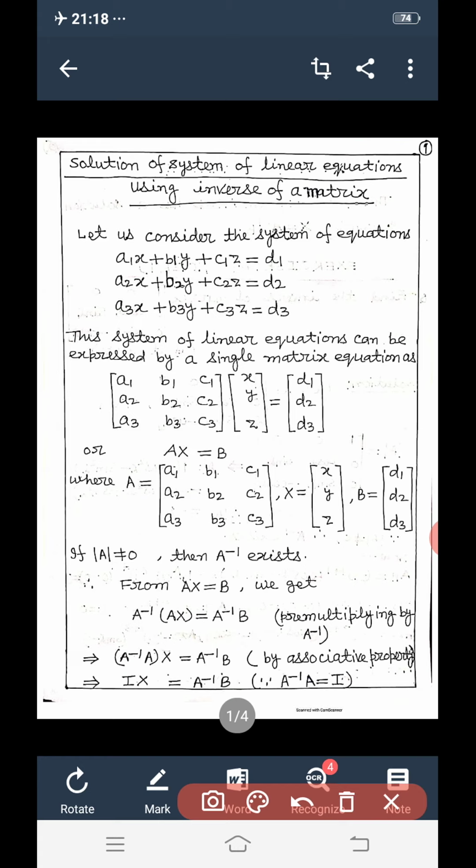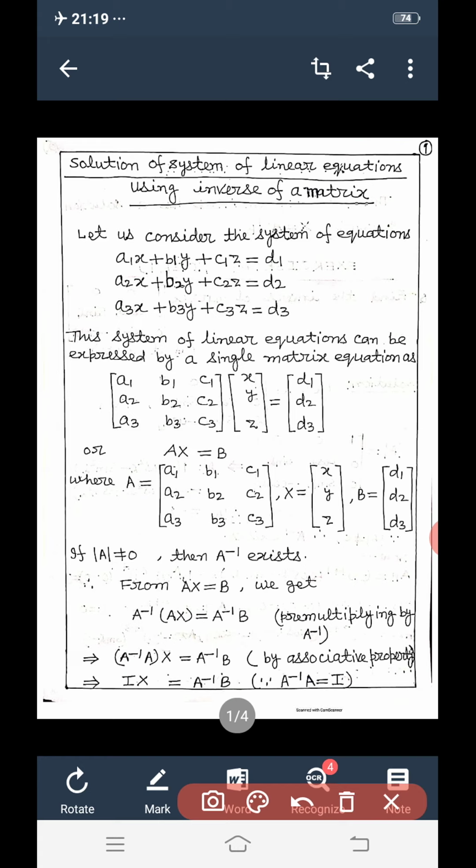In this section, we shall solve it using the inverse of a matrix, and we restrict ourselves to systems of linear equations having unique solutions only.